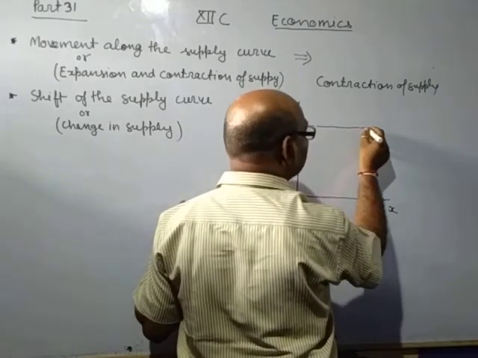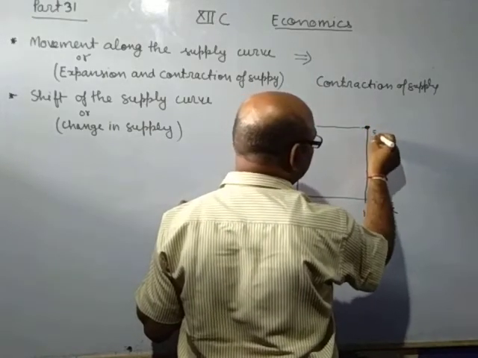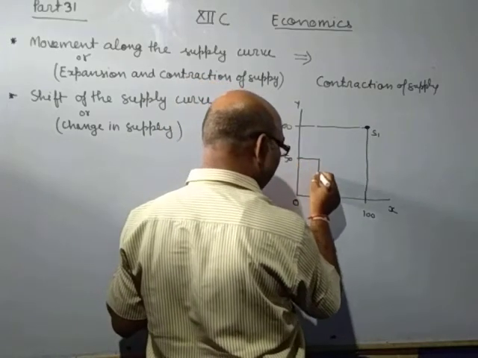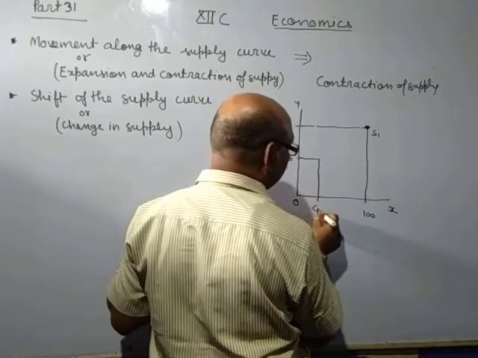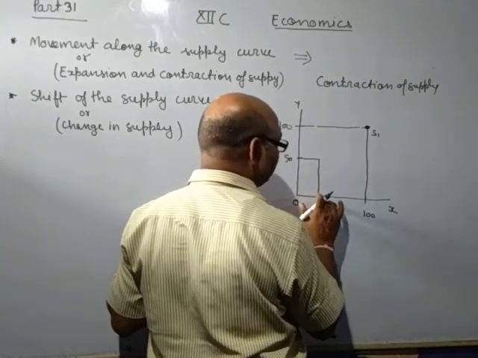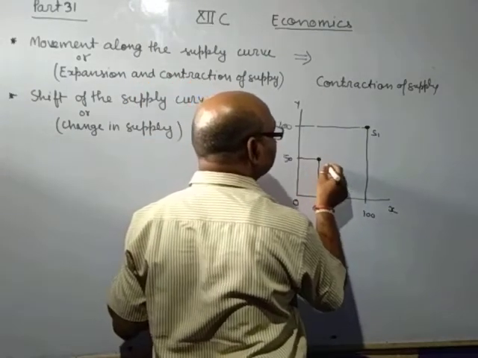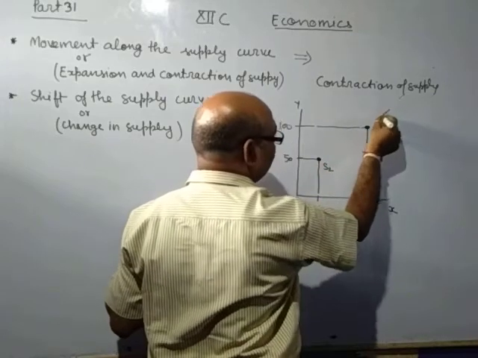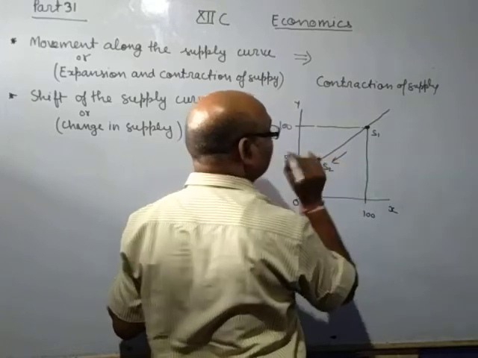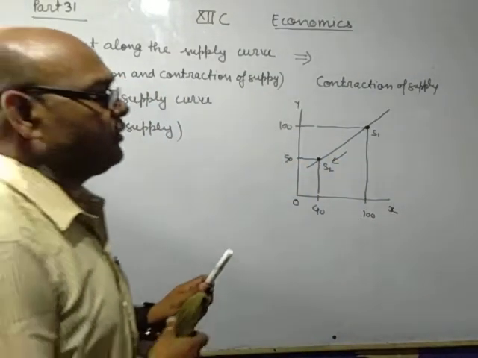So we are here on the supply point S1. Now the price falls down to 50 and supply has become 40. Now the price has fallen and supply has also fallen. Now this is the second supply. So you are seeing supply has decreased, a decreasing order. So this is called contraction of supply.